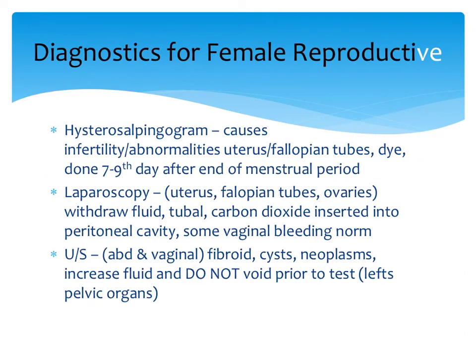When we're talking about a hysterosalpingogram, we are trying to diagnose infertility or abnormalities of the uterus and fallopian tubes, and they do use dye. They do take pictures. This test is done on the 7th to 9th day after the end of the menstrual period.